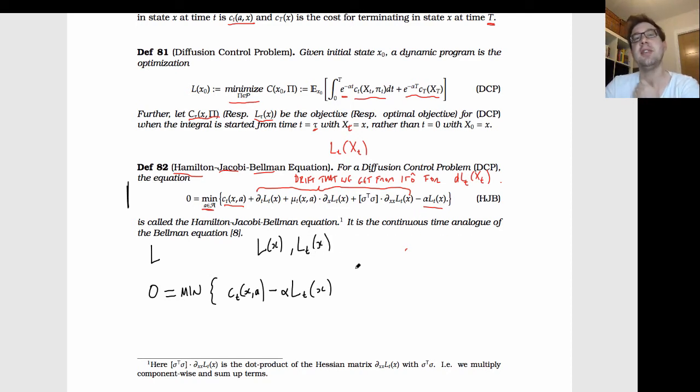What you want to do is find out what the drift term you'd get from Ito's formula would be. If I looked at this L_t(x(t)) as a function of some diffusion process that depends on time, and I wrote down the drift that I get when I apply Ito's formula, then that is the term that I add in here. So I add on the drift from Ito's formula.